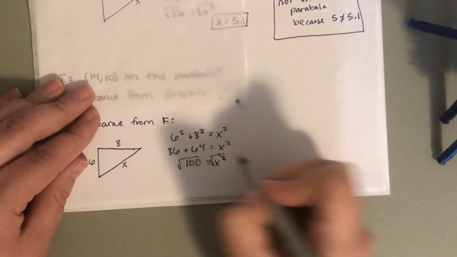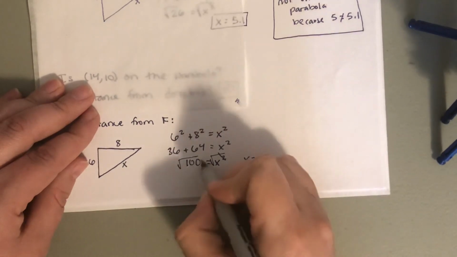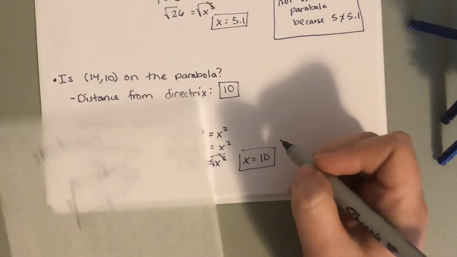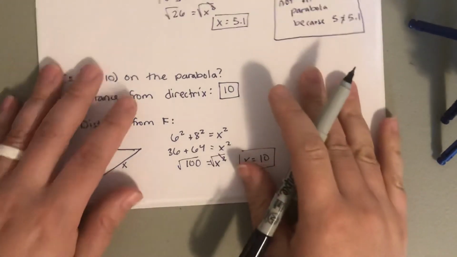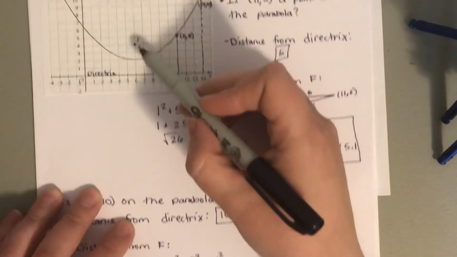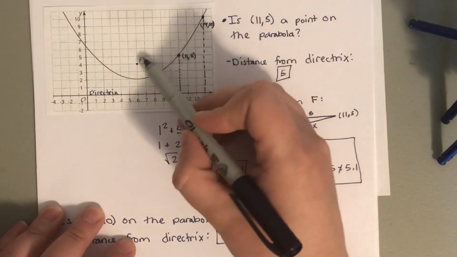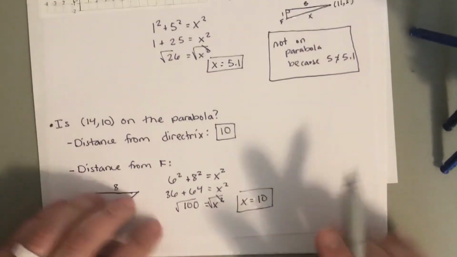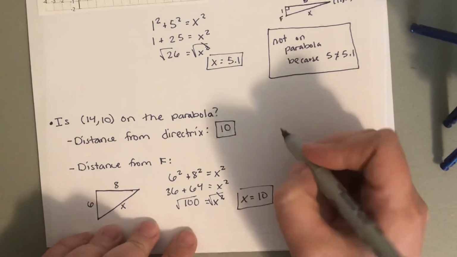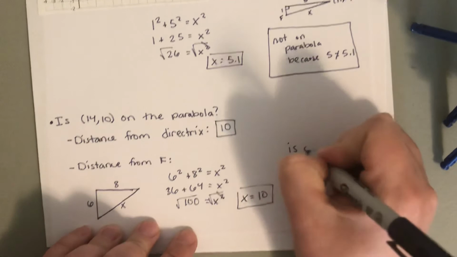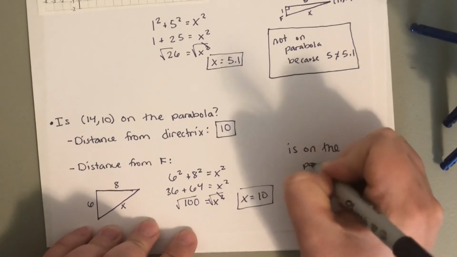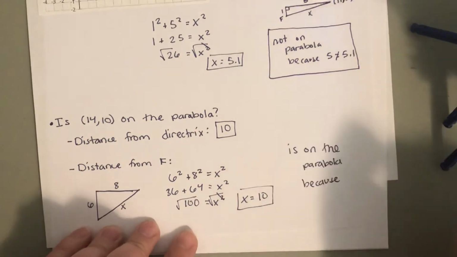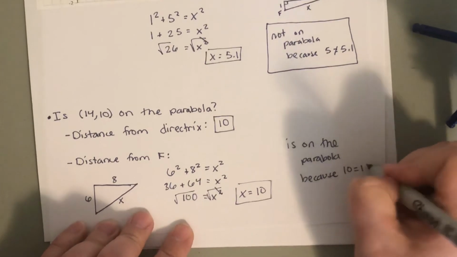Square root both sides to get rid of the square. And I know that the square root of 100 is 10. So because this distance was 10, and because this distance is 10, since they're both 10, I know that this point is on the parabola, because 10 equals 10.